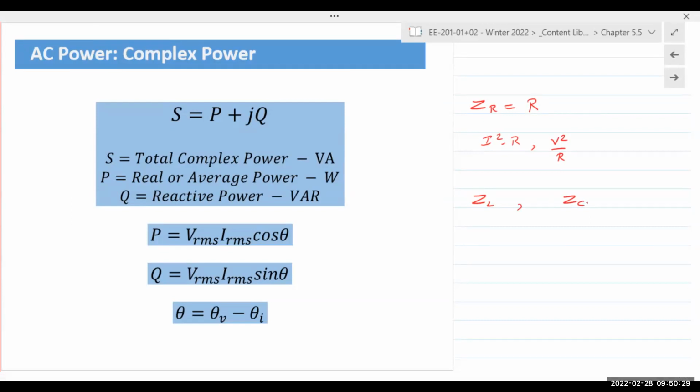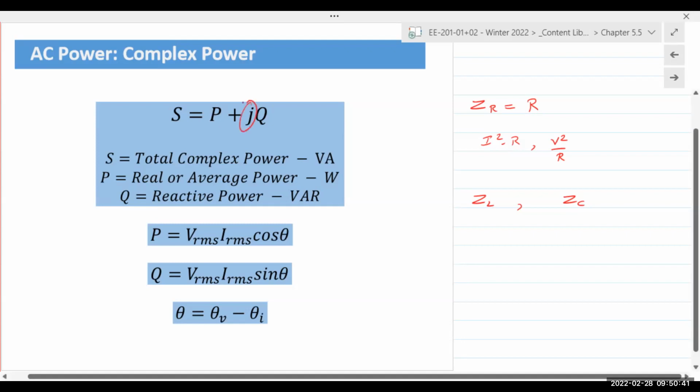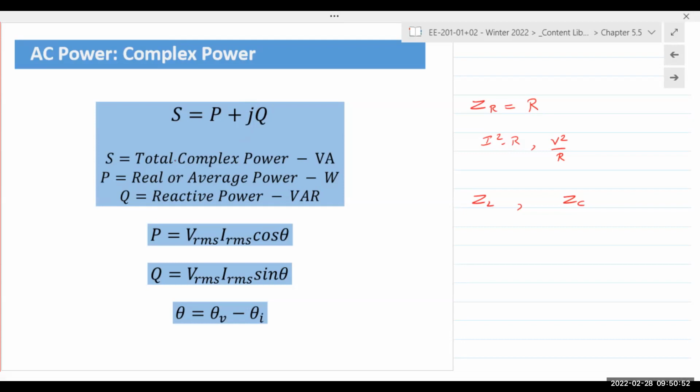And so we do the same thing with electrical power. Electrical power is a complex quantity, and we represent the reactive power using the imaginary number J. Hence we don't write it as S equals P plus Q. We write it in mathematical terms as S equals P plus JQ.